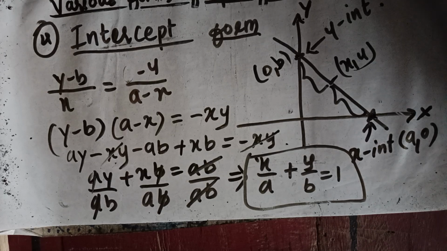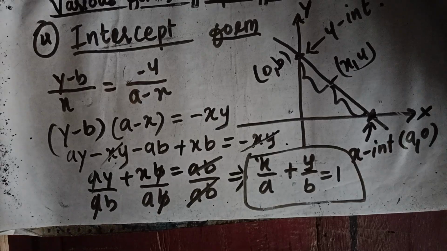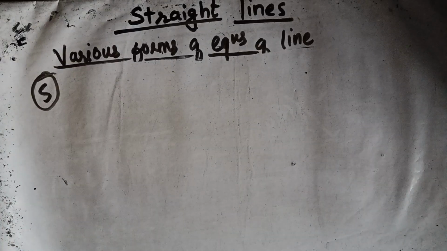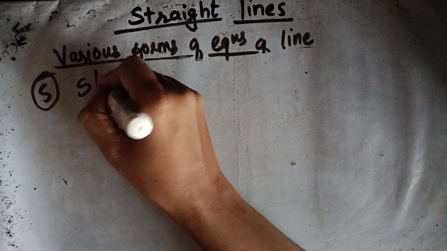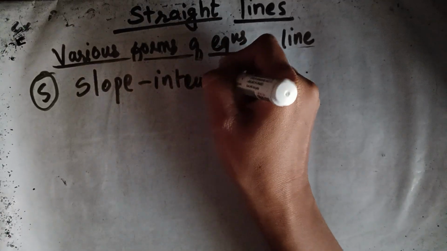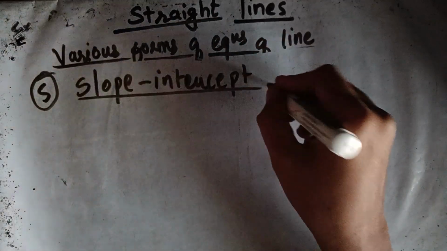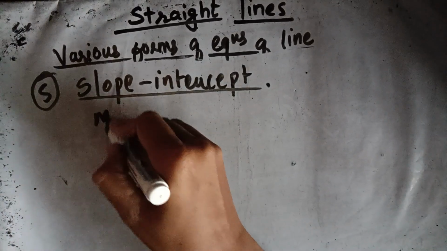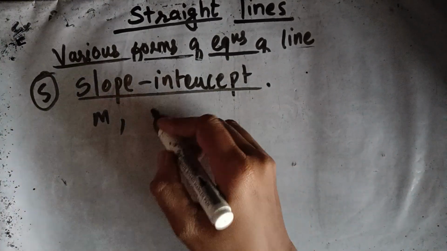So we saw intercept form. There is one more form, that is slope intercept. That is, you have a slope and any one of the intercepts.